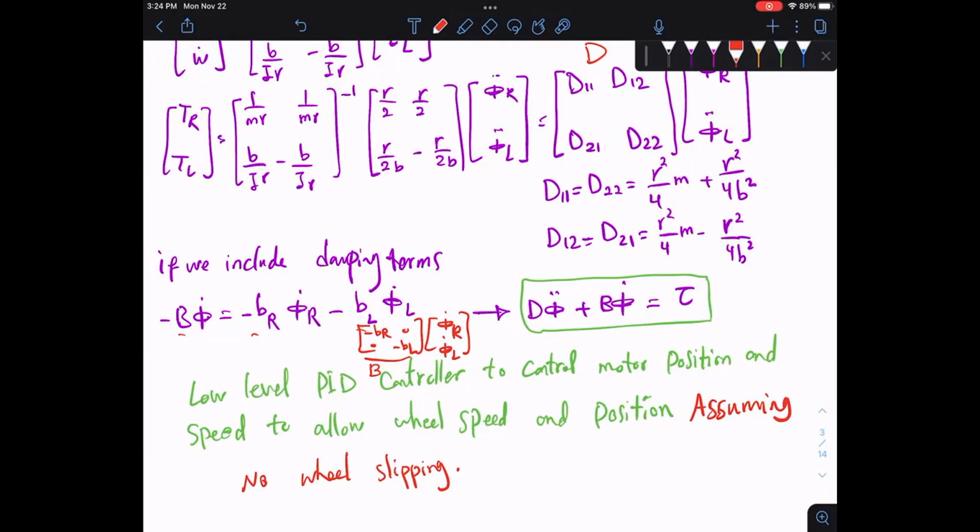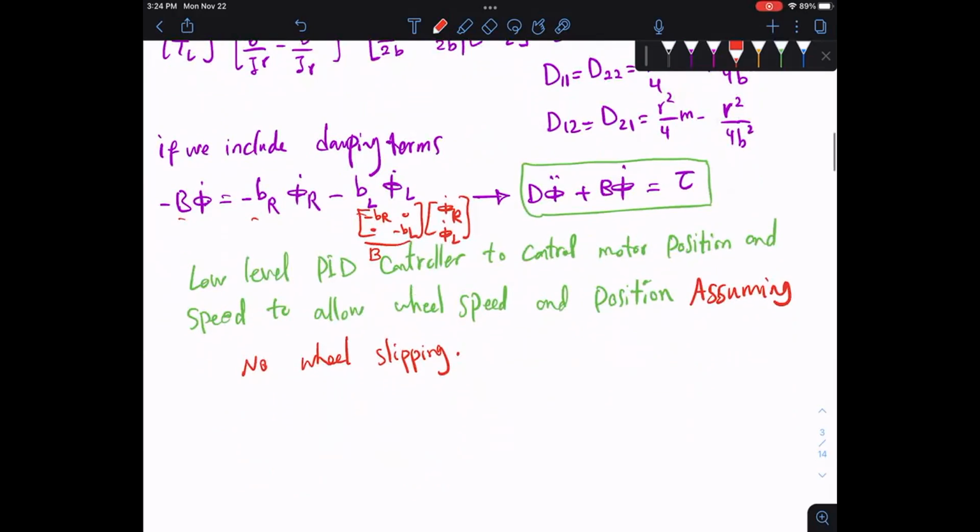You can solve the dynamics using ODE45, right? So your control objective here will be, what will be your control objective? What would you want to do if you had a car, a robotic car, let's say this? What would be your objective here?